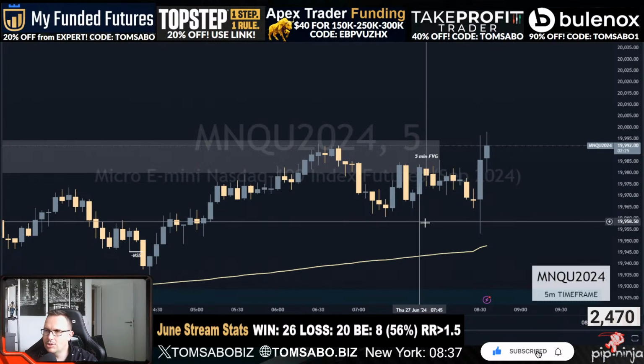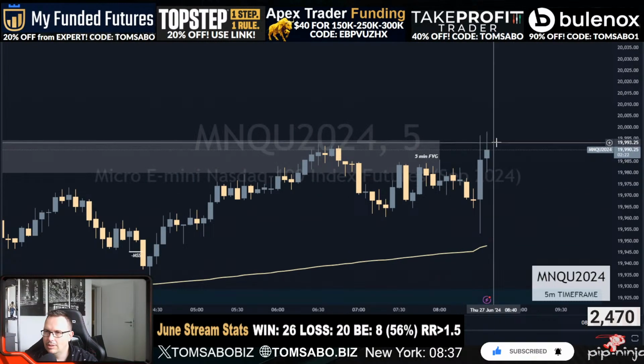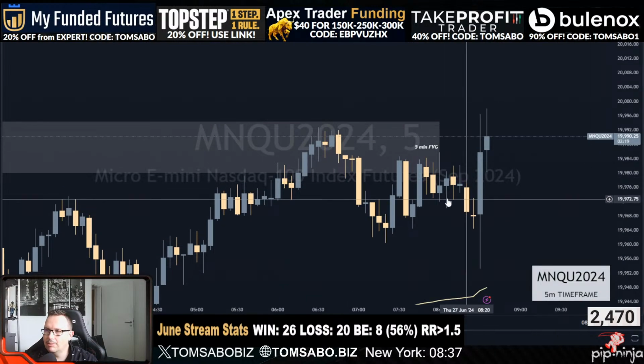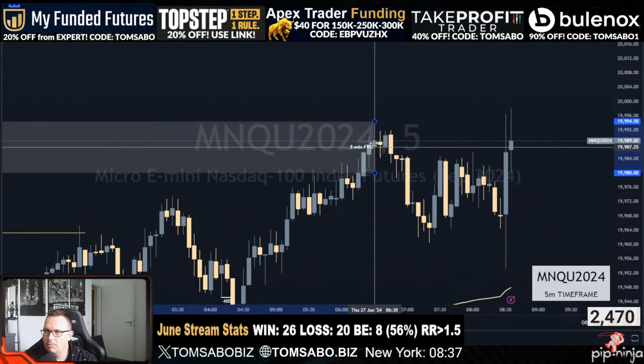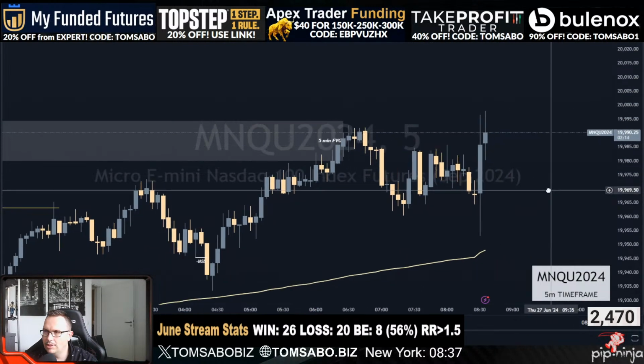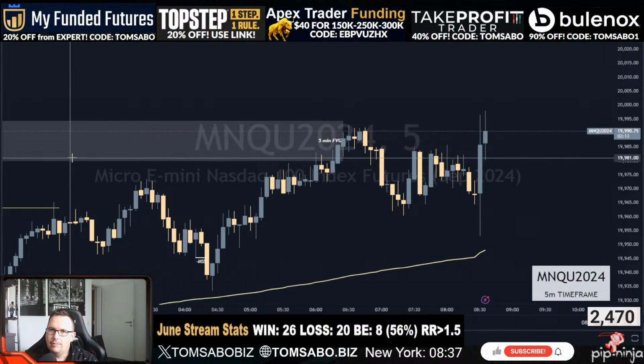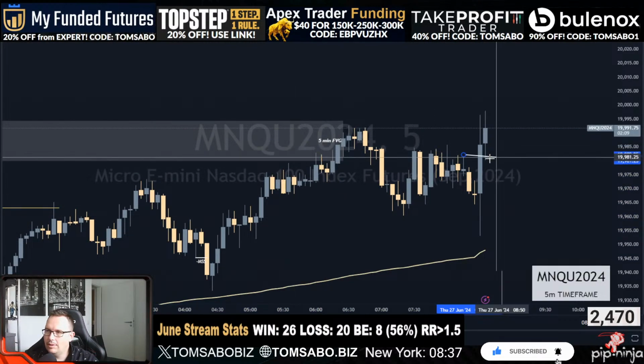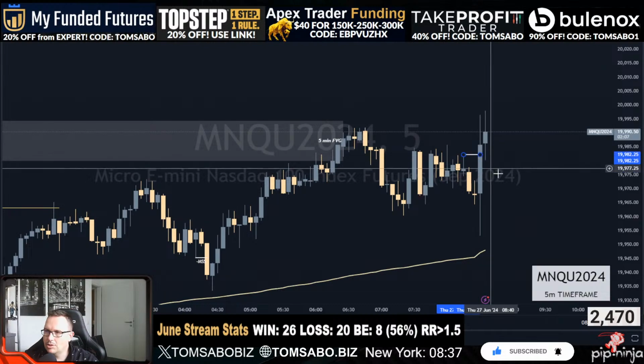All right, this is actually a bullish breaker. Look at that. Let's dive into it and correct me if I'm wrong, because I could be wrong in many cases, and I used to be. All right, here is a market structure shift, right?